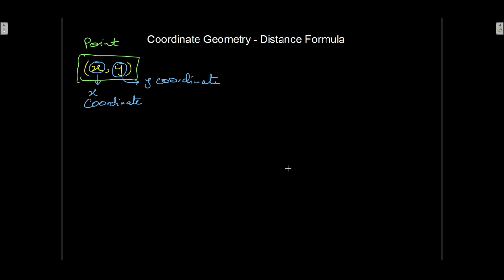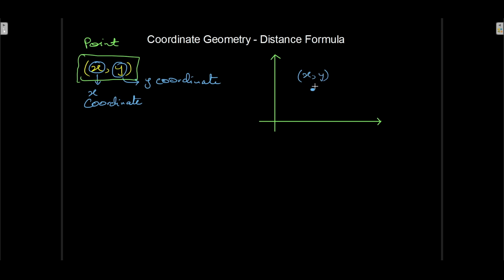Now, what do I mean by that? Basically, if I draw the x-axis and the y-axis, and for example, if I place a point over here, this point is based upon two coordinates, which is x coordinate and a y coordinate.